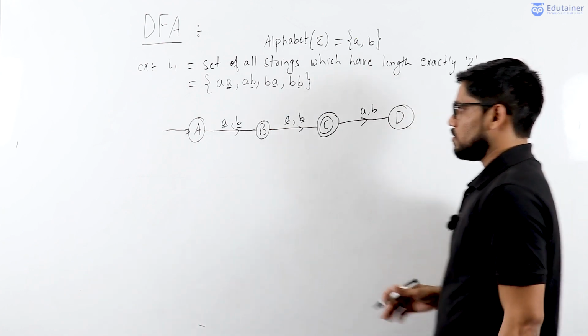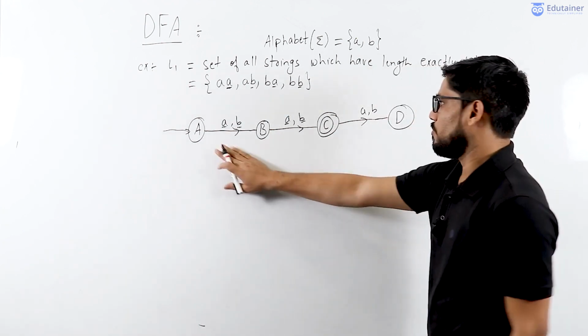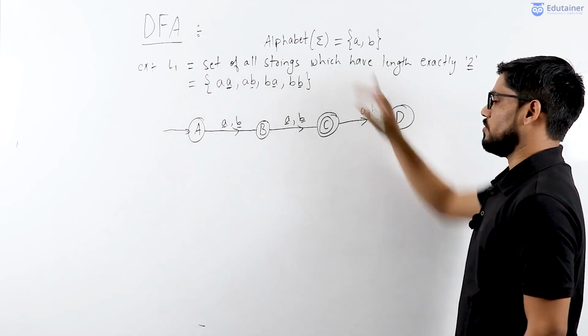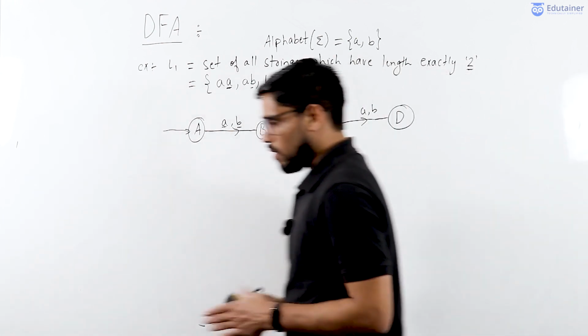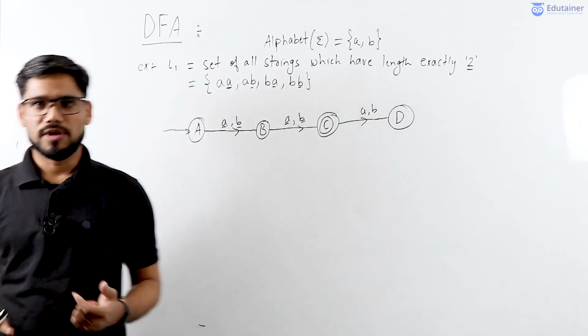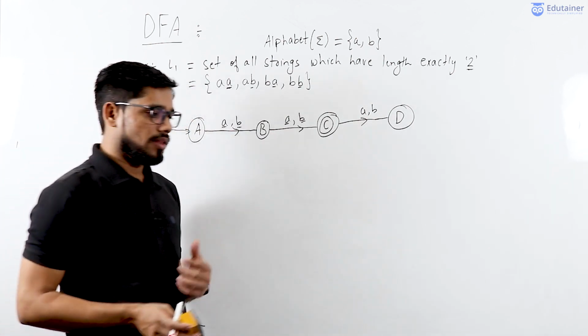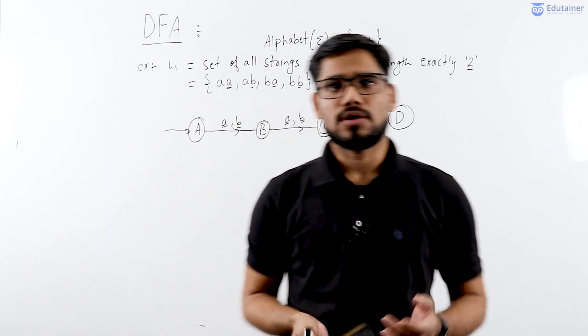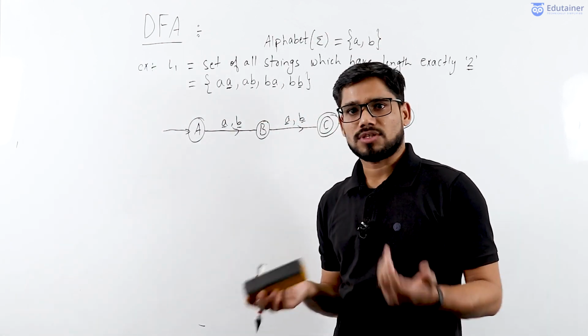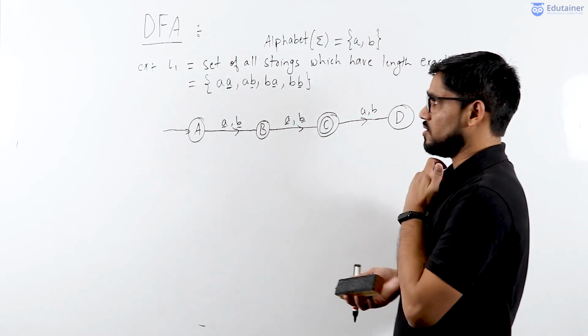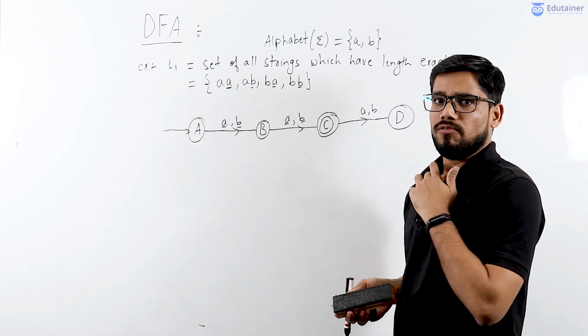Okay, so this is our minimal DFA for this language. So in all the examples, I will give you minimal DFA. Remember that there are many ways you can draw a DFA for such a language, but the minimal DFA will always be unique.